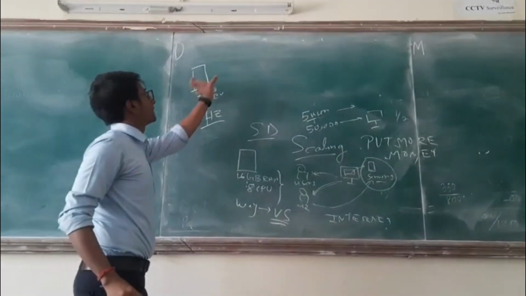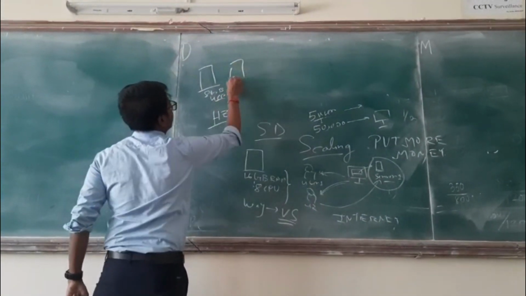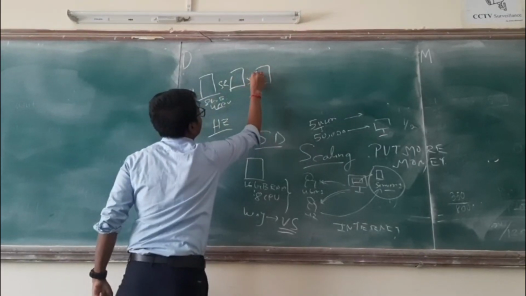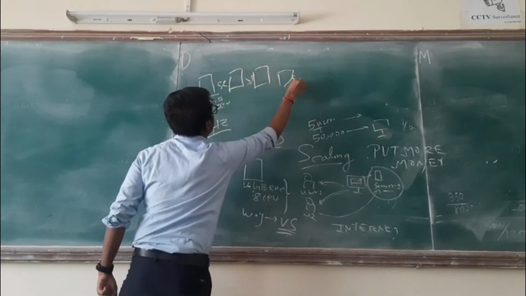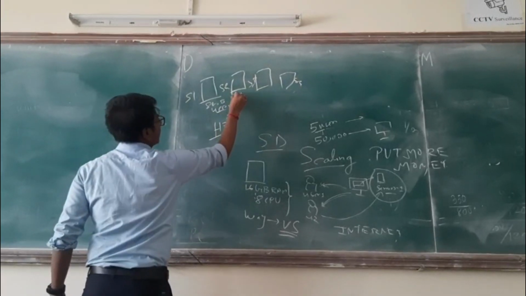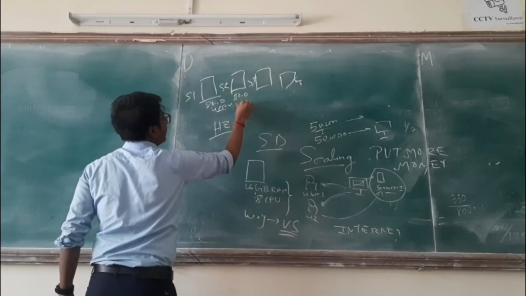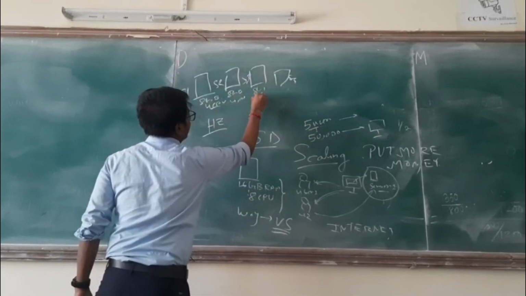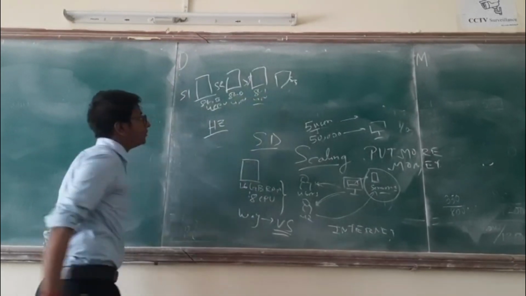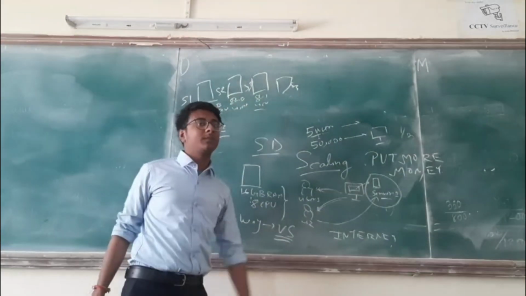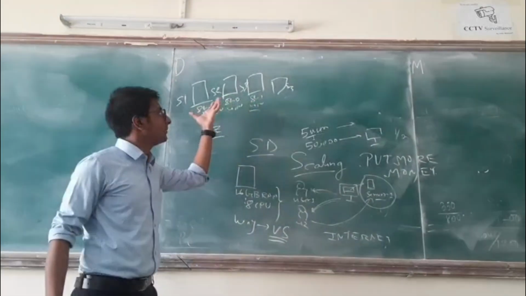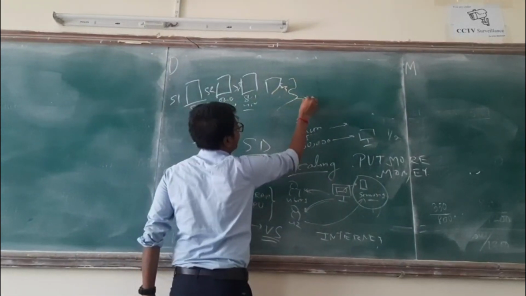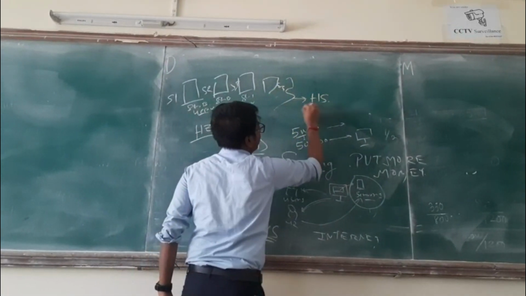You add more servers, like server number 1, server number 2, server number 3, server number 4, with the same capacity. Server number 2 is also 8 GB and 4 CPUs, and server number 3 is also 8 GB and 4 CPUs. So you do not upgrade your system, you just buy more servers. That situation we call horizontal scaling.